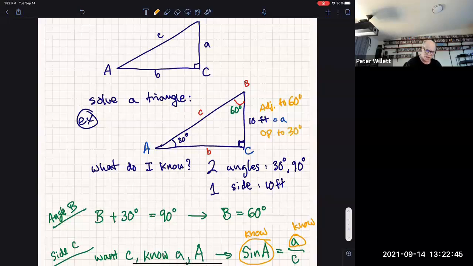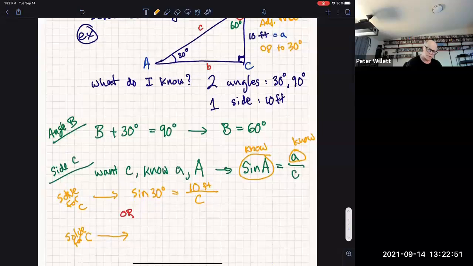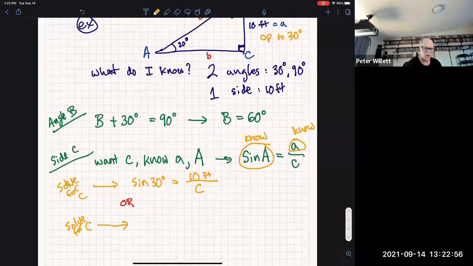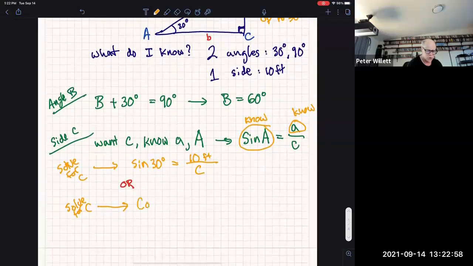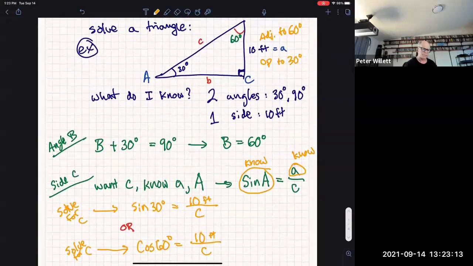And we want to use the 10 because that's the one we know, since we don't know B. So if I'm using the 60-degree angle and the 10 is adjacent to that, then I would do adjacent over hypotenuse, which is cosine. So cosine of 60 degrees is equal to the adjacent side, the 10 feet, divided by C. And I would solve that for C.